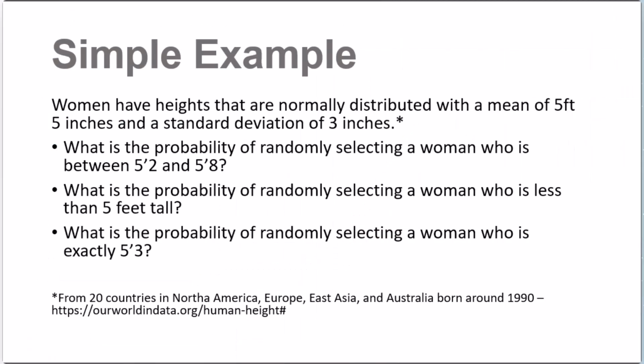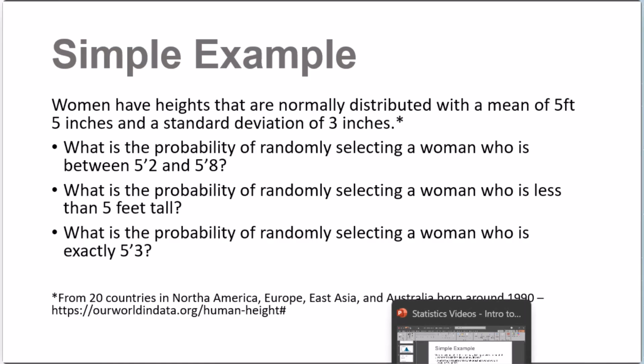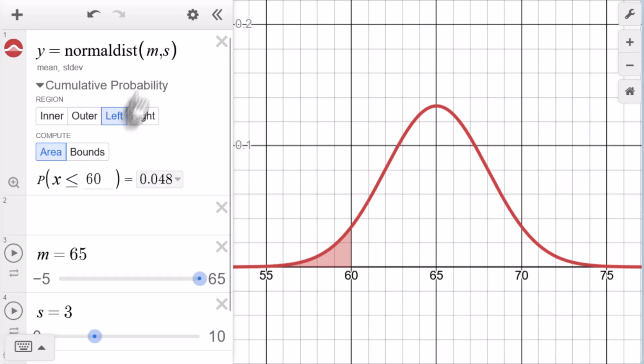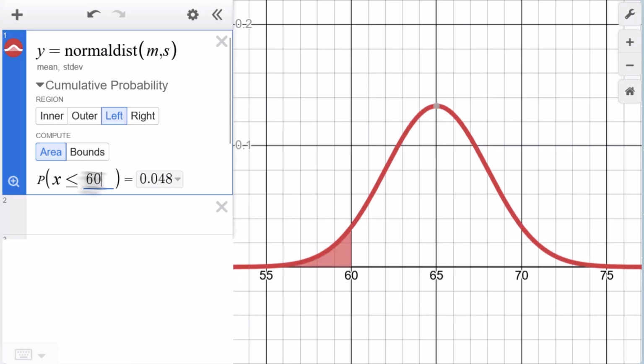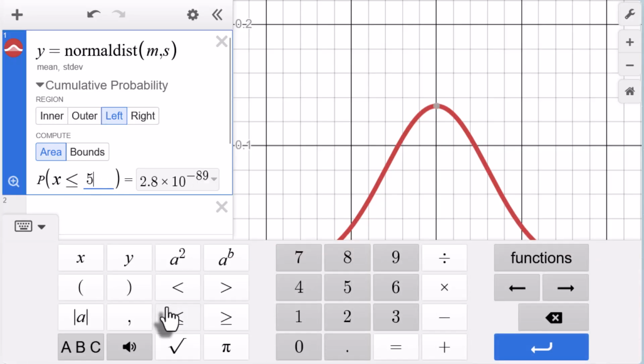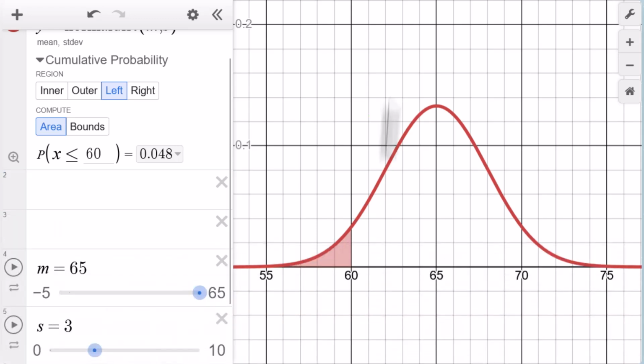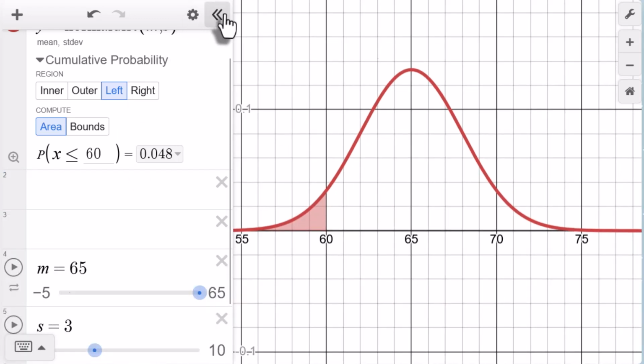One last example, what is the probability of randomly selecting a woman who is exactly 5'3"? Because we have a continuous probability distribution, my calculator here actually won't let me calculate the probability of exactly 5'3", because that probability is actually 0.